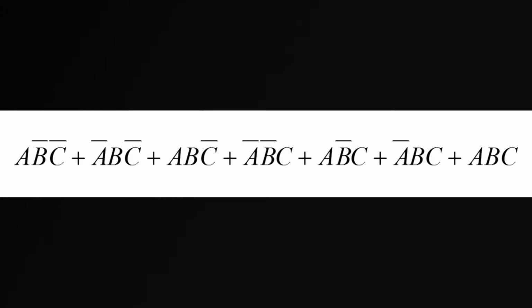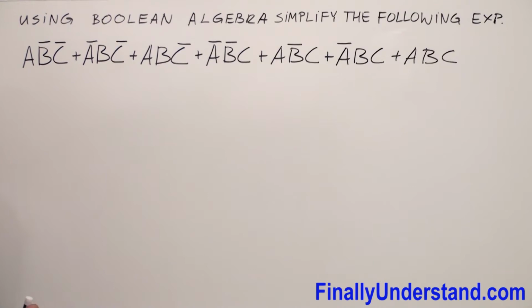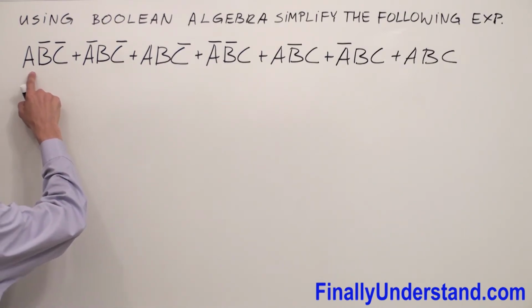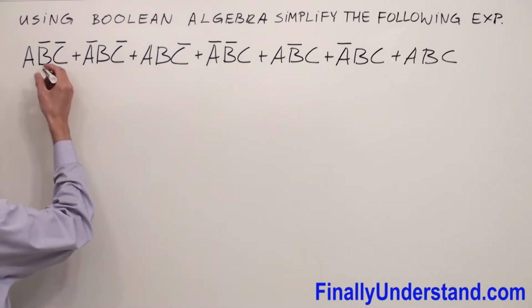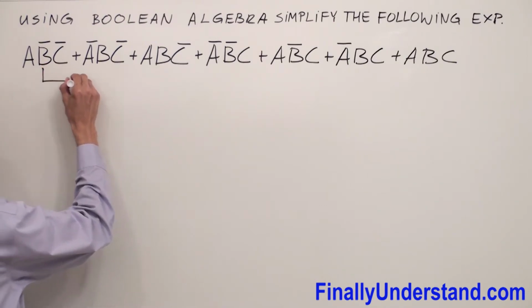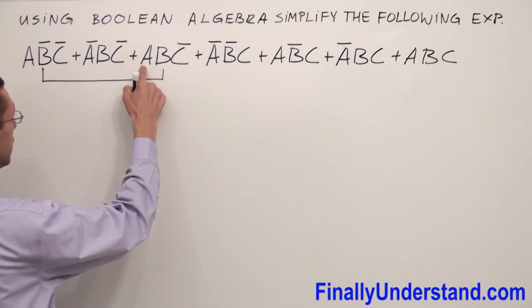Let's solve another example. We're going to try, like always, to factorize two variables if this is possible. First term has a and c naught, right? I'm going to factorize these two variables with this term because this term has also a and c naught.